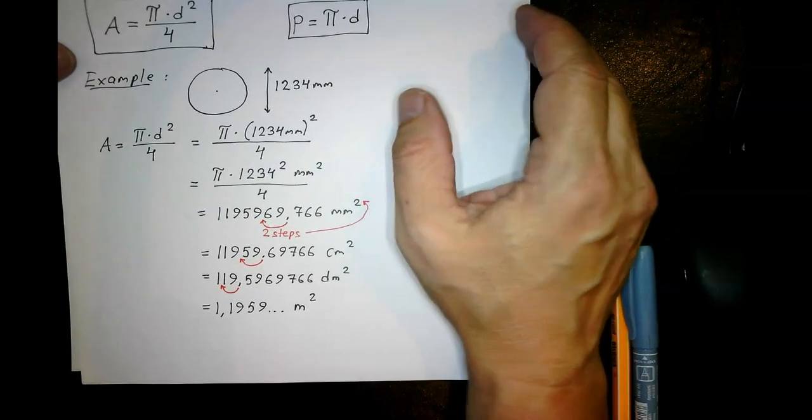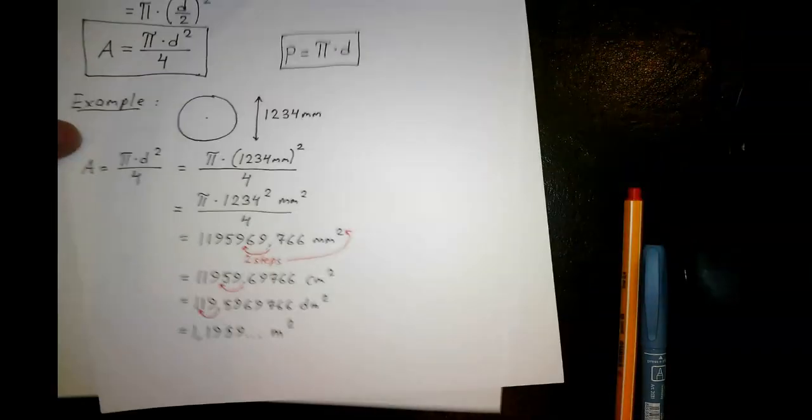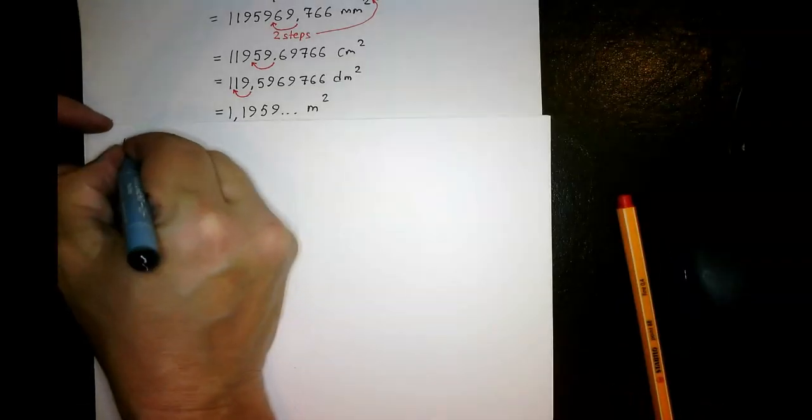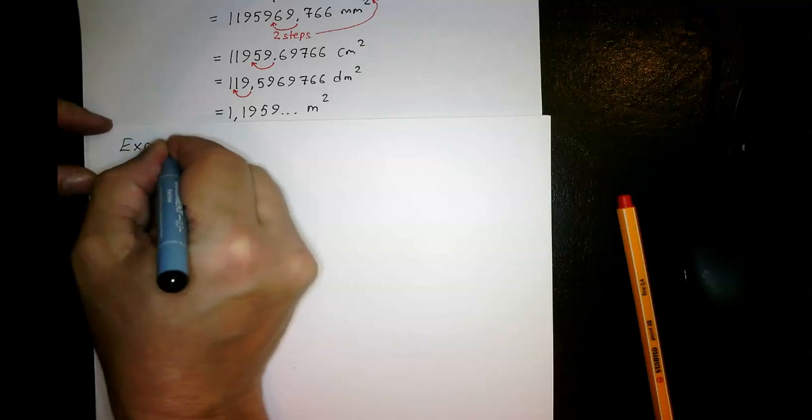Then of course we may have a situation where we know the area of the circle and we need to calculate, for example, the diameter.